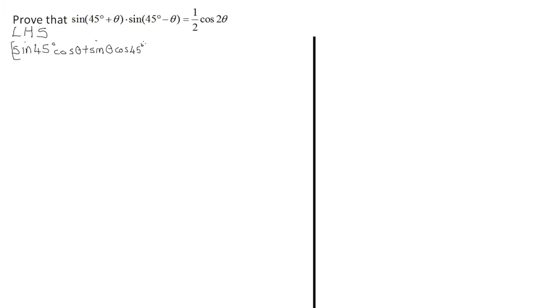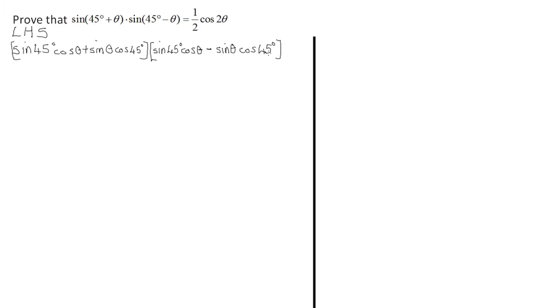That is the first one. For sine, the sign remains the same, and then the second one, sine 45 cos theta minus sine theta cos of 45. We close.